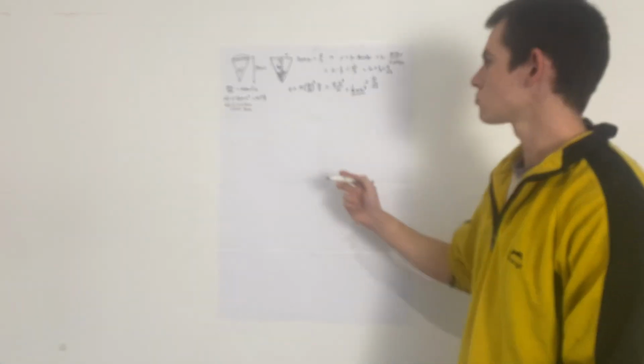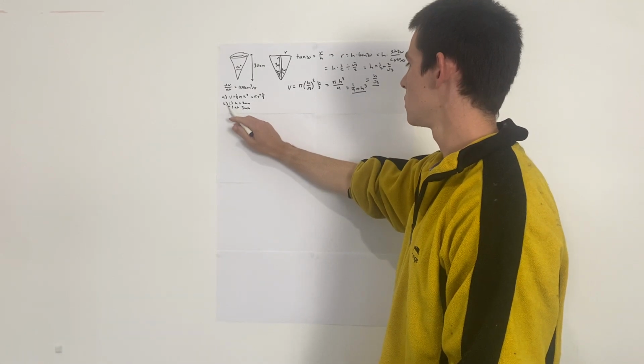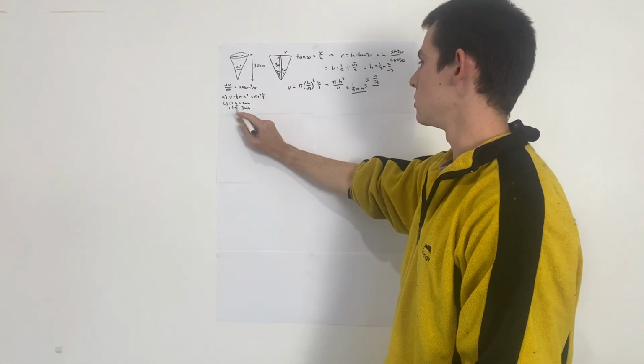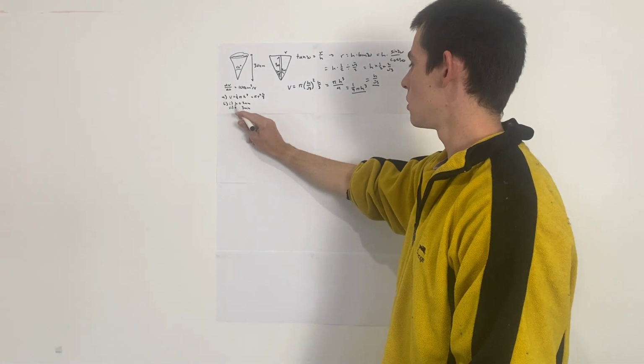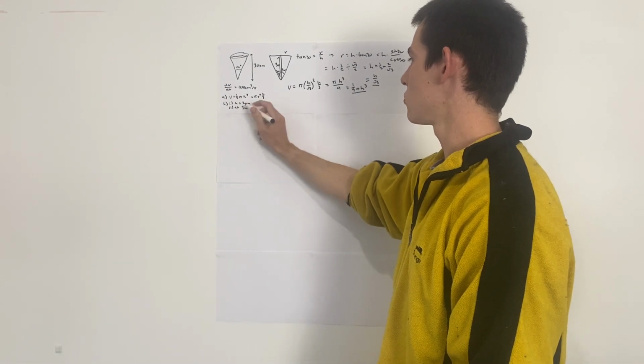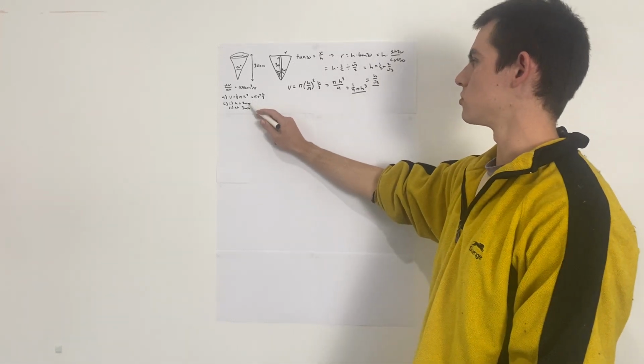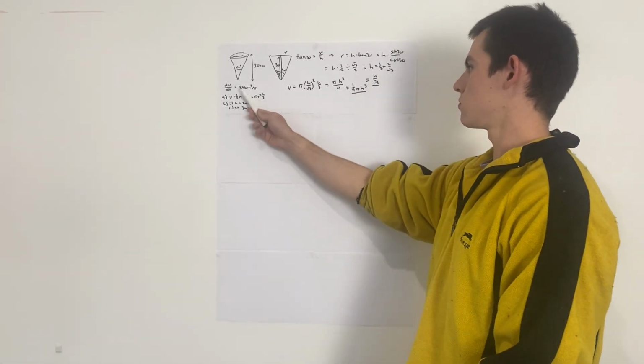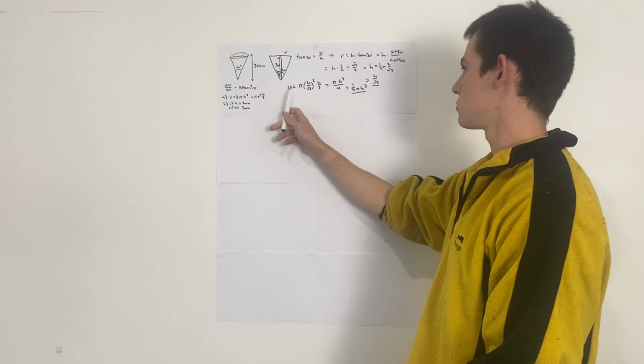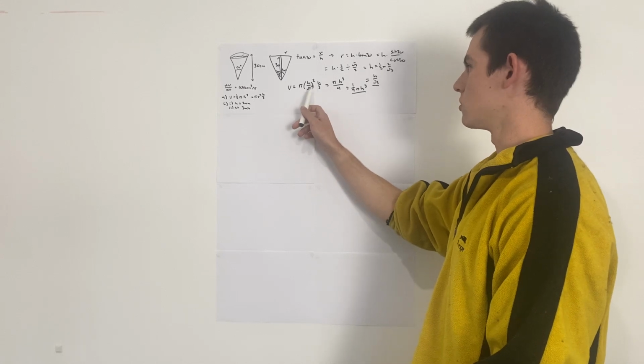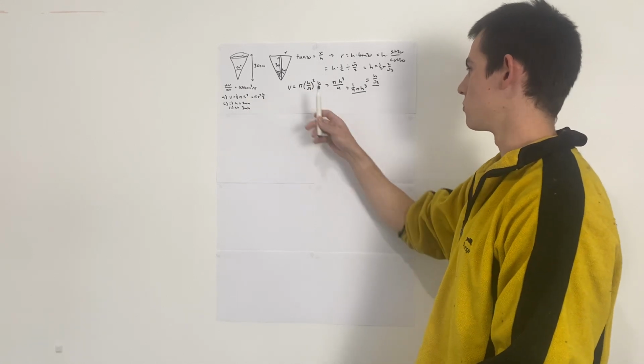Okay, so now we want the rate of change when the height is 2 centimeters. So we have dV on dt and we have V, so we can find dV on dt here, equate it to this and solve for the missing variable.